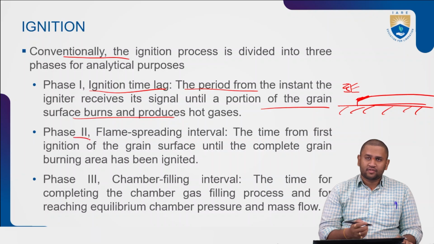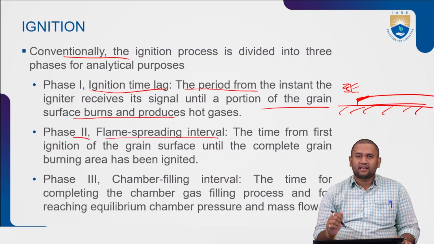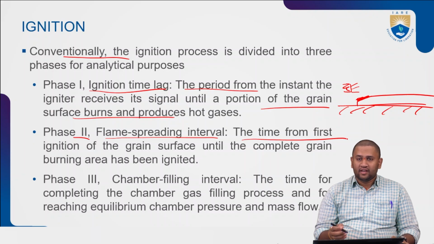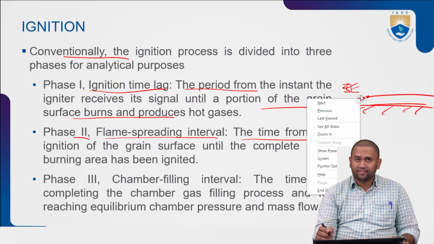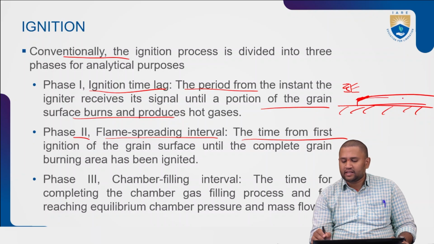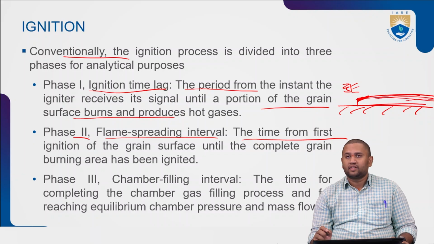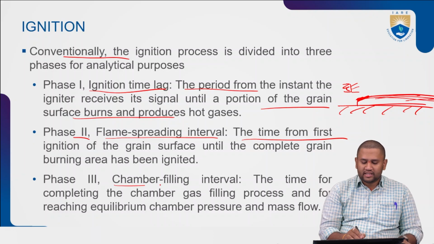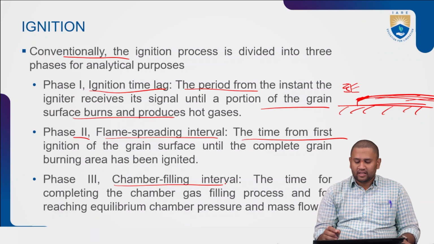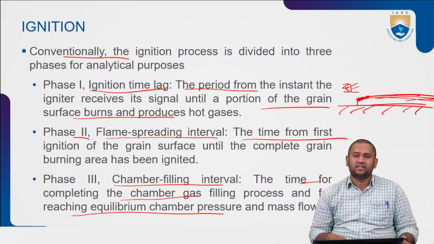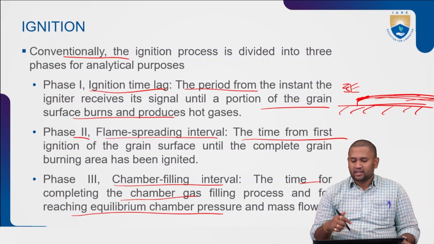Now coming to phase 2, which is the flame spreading interval, the time from the first ignition of the grain surface until the complete grain burning area has been ignited, right? Next will be the chamber filling interval, the time for completion of the chamber gas filling process and for reaching equilibrium chamber pressure and mass flow, right?